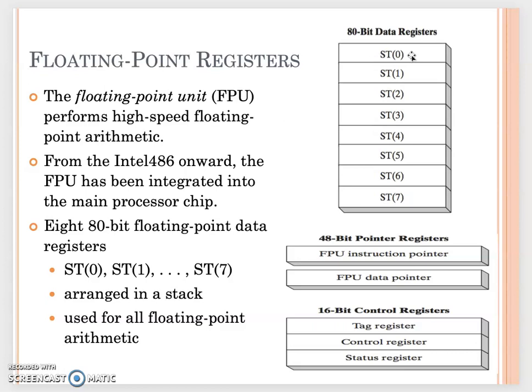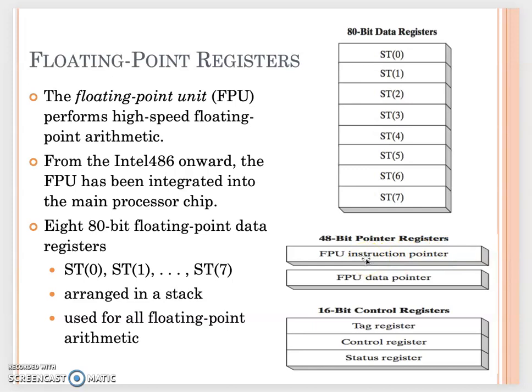So actually they are arranged in a stack. That's why we do the stack one by one. They're used for all the floating point arithmetic. So you have the data register to store the data. Then you have the 48-bit pointer register. Like with your floating point, you need to have the instruction.